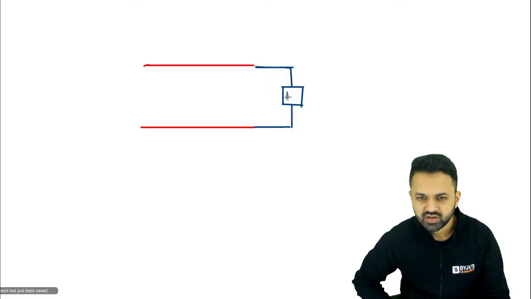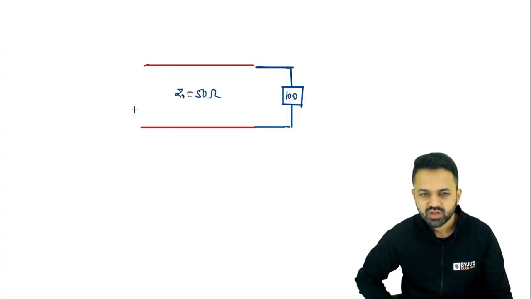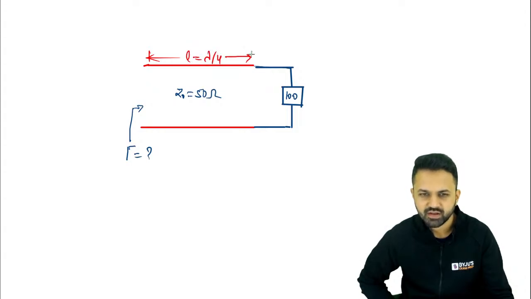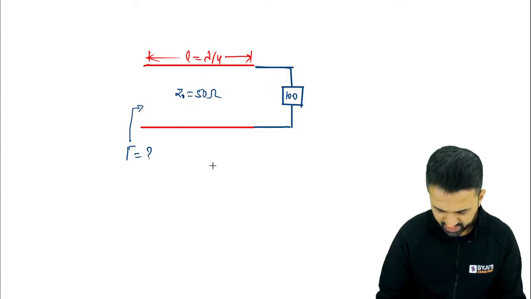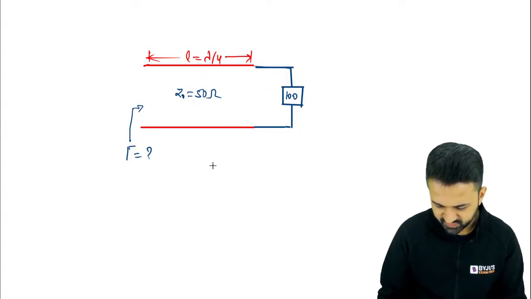This is the load, 100 ohm. This is the characteristic impedance, 50 ohm. If we want to calculate the reflection coefficient at this point, and the length of the transmission line is lambda by 4, then what will be the reflection coefficient?